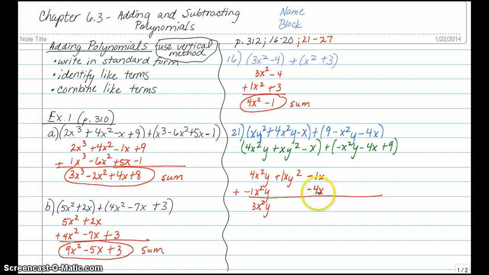Those are like terms. A negative 1x and a negative 4x is minus 5x. This xy squared just comes down as plus xy squared, minus 5x. That was the last term in the first expression, so we go to the second expression, and we have a plus 9. There's no constant in the first expression, so we bring down our plus 9. So the sum is 3x squared y plus xy squared minus 5x plus 9.